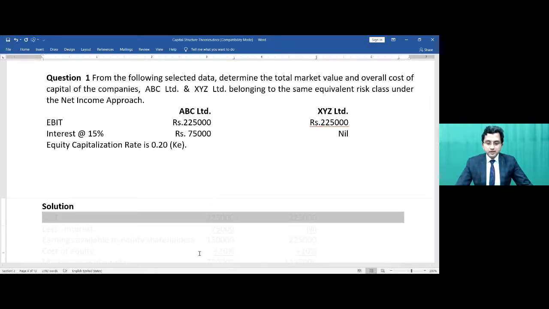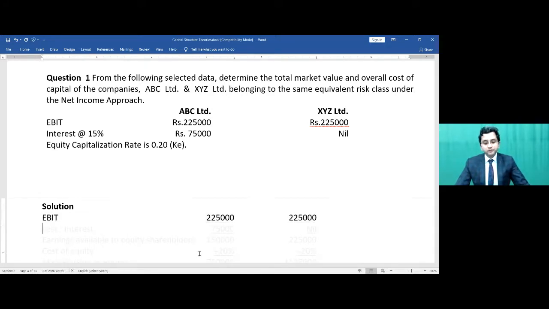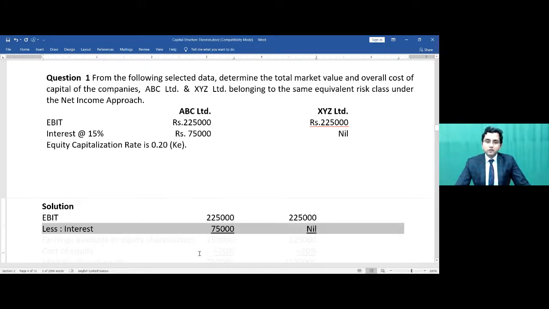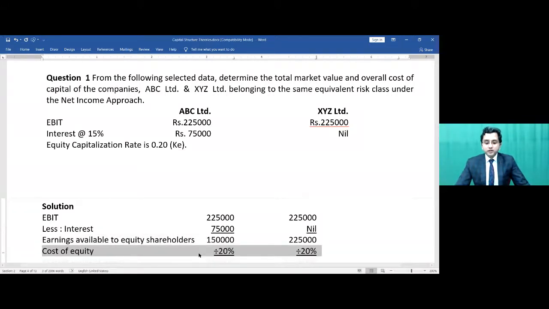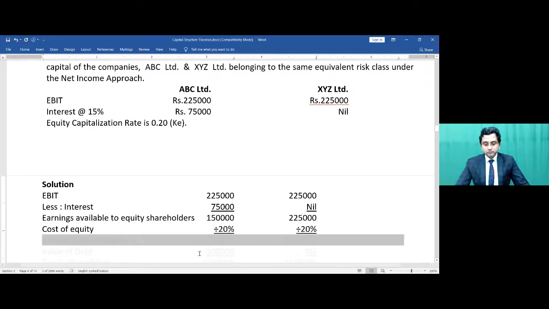Look, PAT given in the question is 2,25,000. Amount of interest is also given. You just need to deduct it. Once you deduct it, you'll get earning available to equity shareholders, divided by cost of equity, which is 20%, to arrive at market value of equity, which is 7,50,000 and 11,25,000.